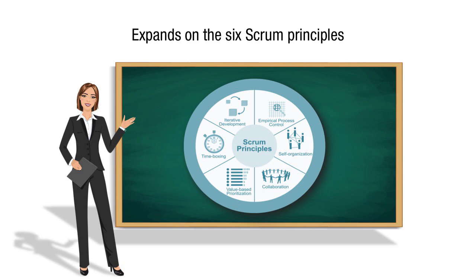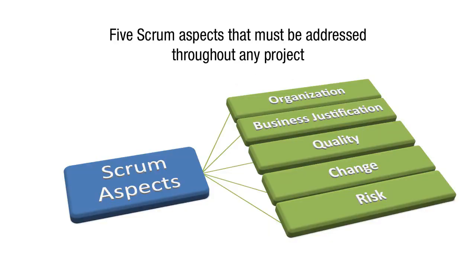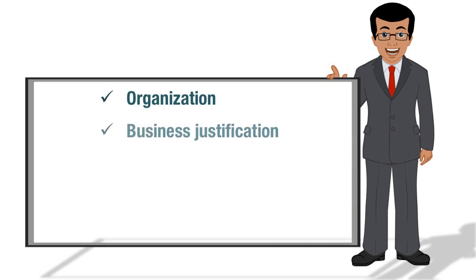The second chapter expands on the 6 Scrum principles, the foundation on which the Scrum framework is based. Chapters 3 to 7 elaborate on the 5 Scrum aspects that must be addressed throughout any project. The chapters discussed are organization, business justification, quality, change, and risk.